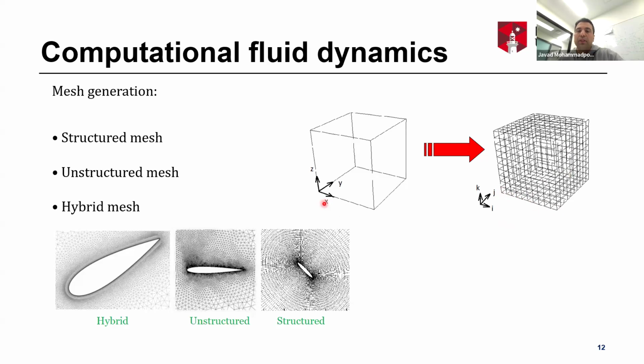The number of divisions in the X direction is defined by I, in the Y direction by J, and in the Z direction by K. So for example, this box is divided into 1,000 cells, 10 by 10 by 10. Any questions so far on the meshing or the CFD?